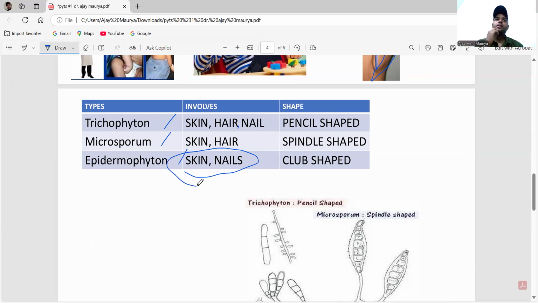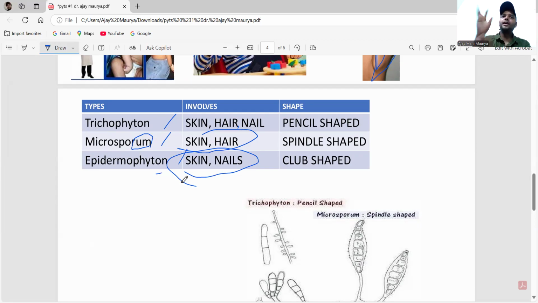How do you remember this? Microsporum has an M, and after M there is no N, so no nails: skin and hair.